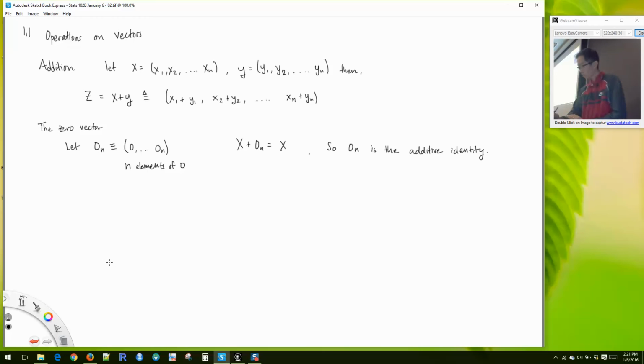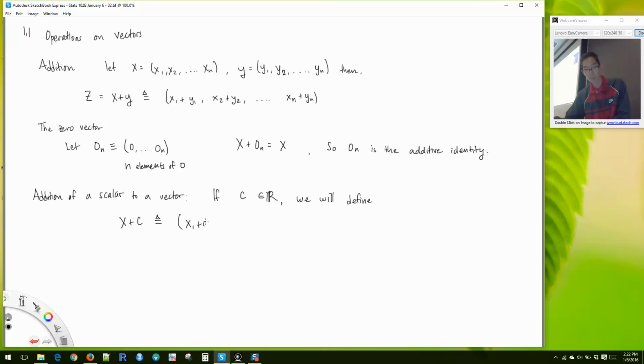You can also do addition of a scalar. If some element c comes from the set of real numbers, we define x plus c as adding the element c to each element of x.